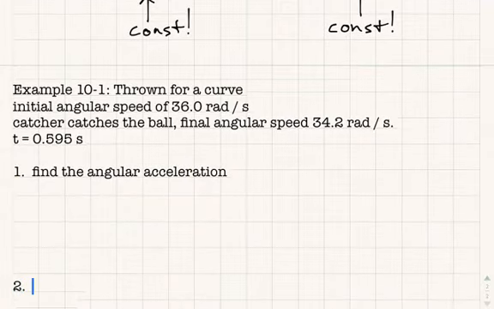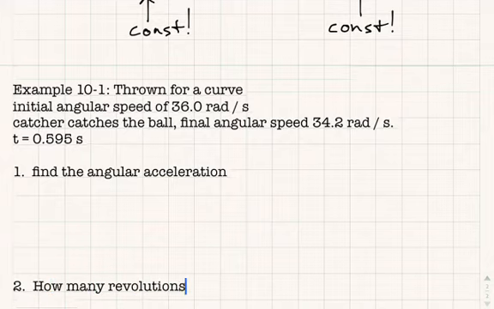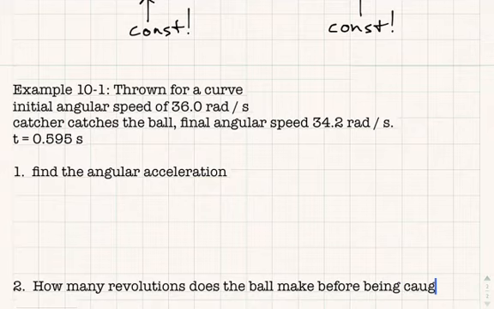The second thing they want you to do is determine how many revolutions does the ball make before being caught? All right. So, how do we go about solving this?